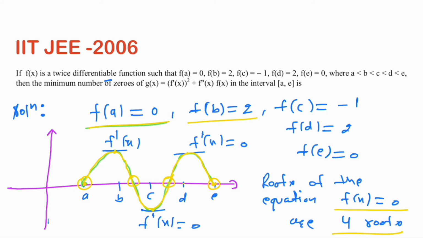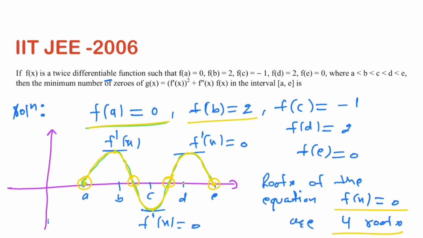Here, if the roots of the equation f(x) equals 0 are 4 for this type of differentiable function, then the number of roots may exceed; we are talking about the minimum number of roots. If the minimum number of roots of f(x) equals 0 is 4, then the minimum number of roots of f'(x) equals 0 will be 3.